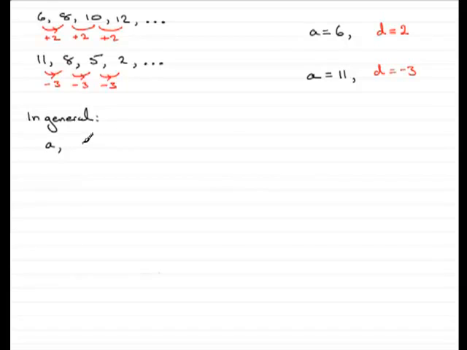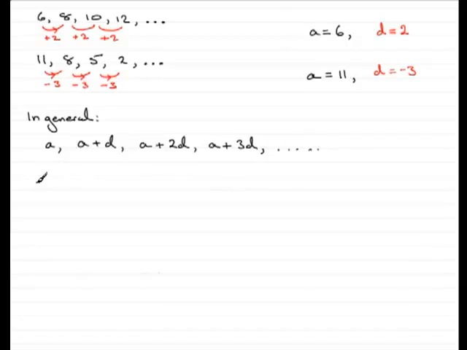And so for the second term, we would have a plus d. And for the third term, we need to add another d to this term. So that would be a plus 2d. And the fourth term would be a plus 3d, and so on. So the ninth term, for instance, would be a plus 8d. The 100th term would be a plus 99d, and so on.